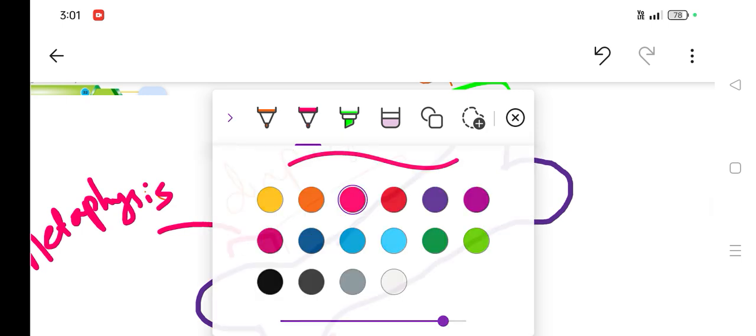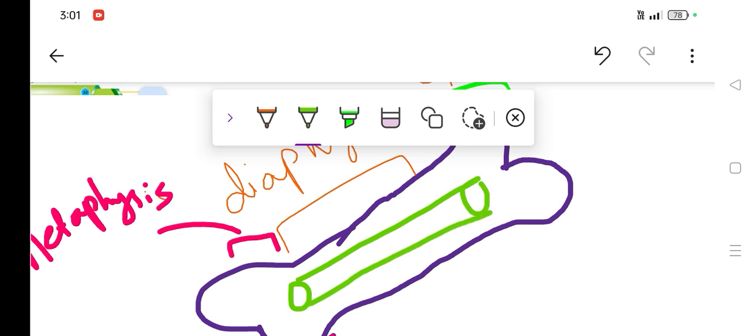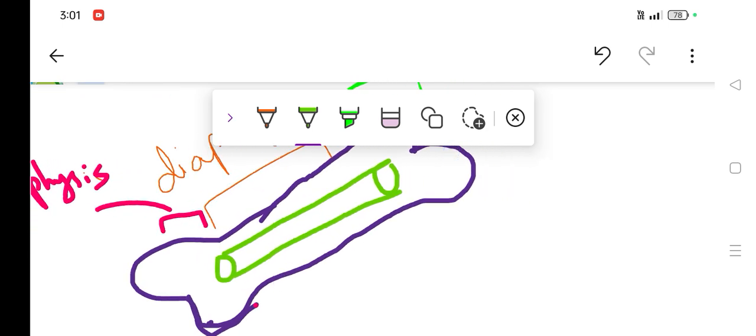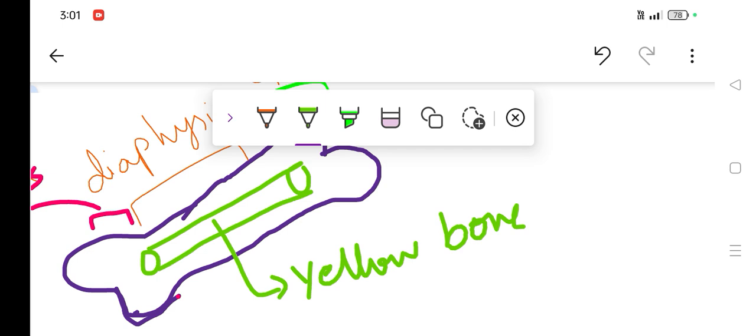In the middle we have another kind of structure. This structure is called yellow bone marrow. But sadly I have not made it with yellow. Whenever you see yellow, like yellow kind of tissues, that's adipose tissue.